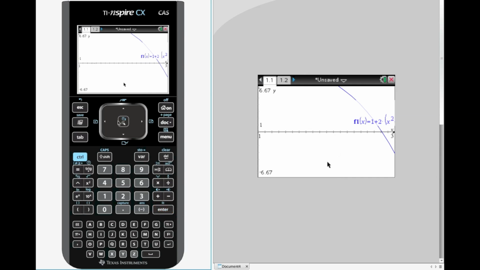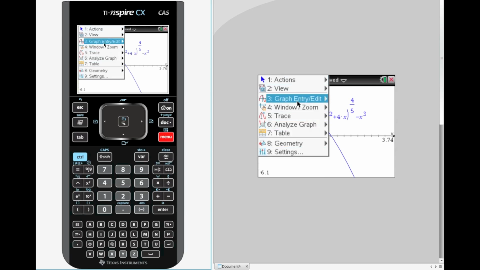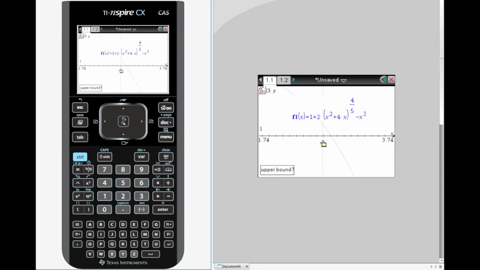Or do I need to do that? Let's see here. There we go. And menu, analyze graph, zero, lower bound, upper bound, and there's the same solution you can solve graphically if you don't have a CAS calculator, 2.811.